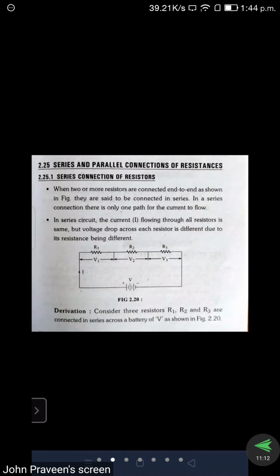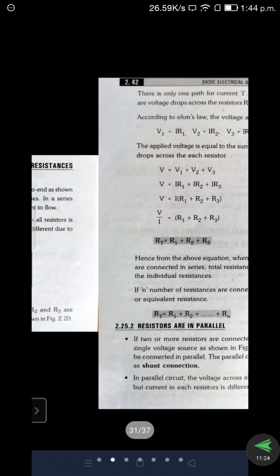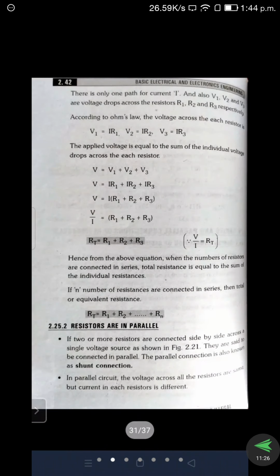From the diagram we can understand that the second end of the first resistor is connected to the first end of another resistor. This sequence is called a series connection. We derive a small expression for it. For 3 resistors, RT is equal to R1 plus R2 plus R3. For n resistors, R1 plus R2 and so on up to Rn. That is the formula for series connection.